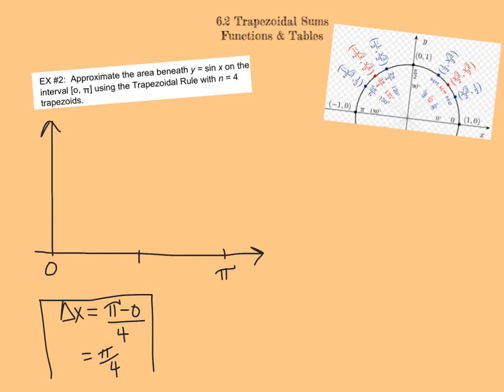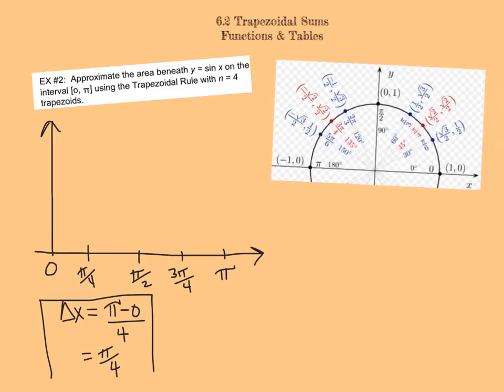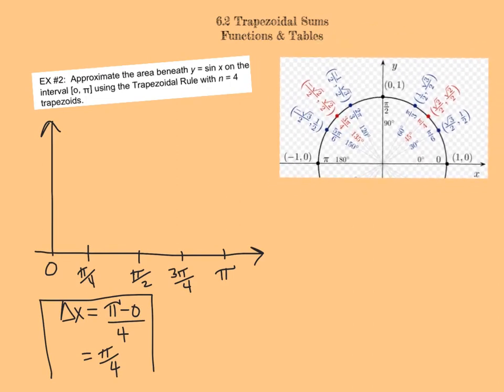Okay, so I'm going to split it in half, pi over 2, and then in half again, and then this would be 3/4 of a pi. Now, if we look at sine, sine's the y value, right? So at certain spots, it's pretty easy to graph.